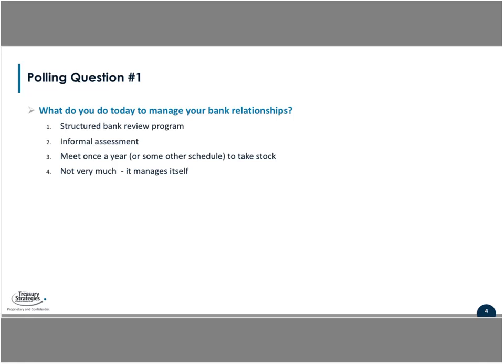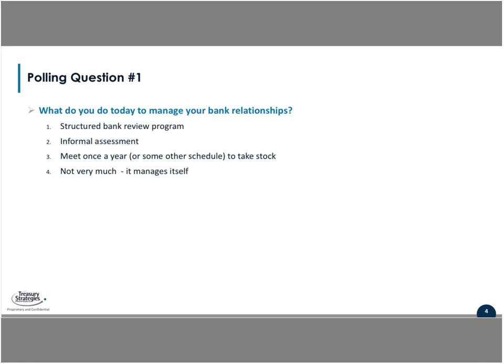Okay, so we're tabulating the responses now. When we've done this poll with other groups, what we've basically seen is that most companies are very informal and unstructured in how they manage their bank relationships. And your answers are sort of in line with that. We have 53% that didn't answer.